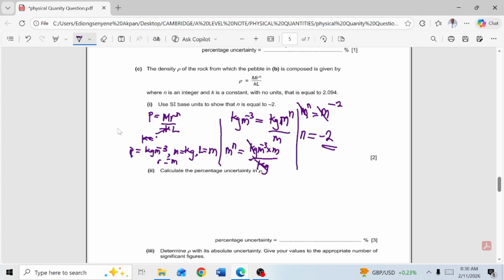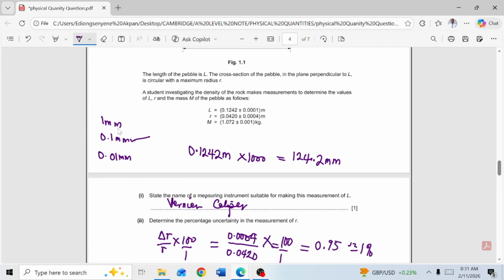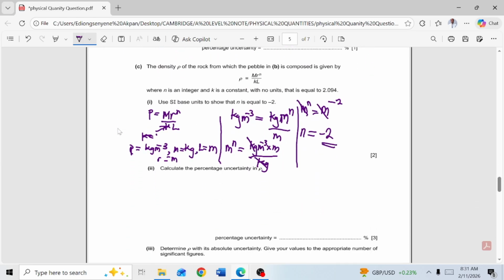Calculate the percentage uncertainty in density. For us to do that, we will write the formula: absolute uncertainty in density over density times 100 over 1. That is the percentage uncertainty. Let's go to the equation given to us.